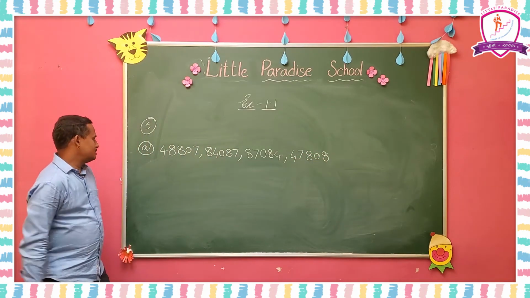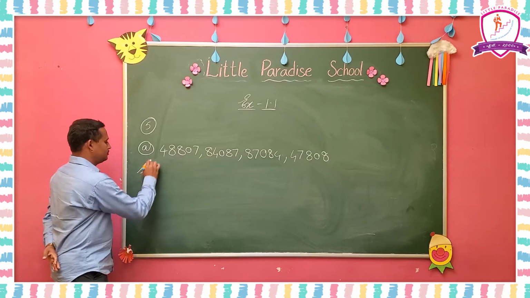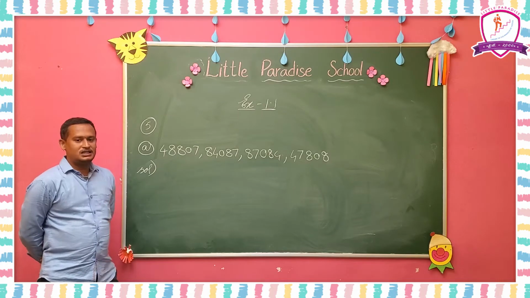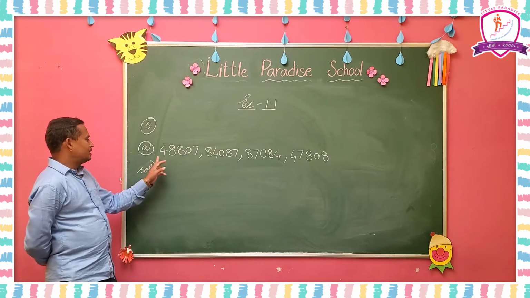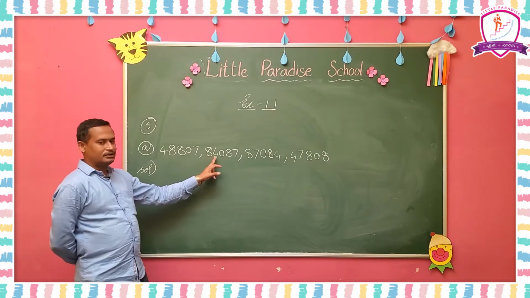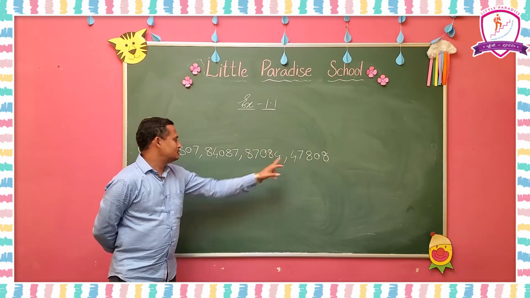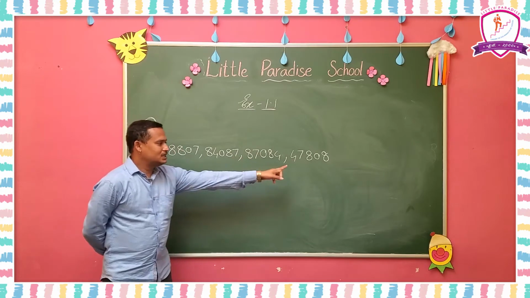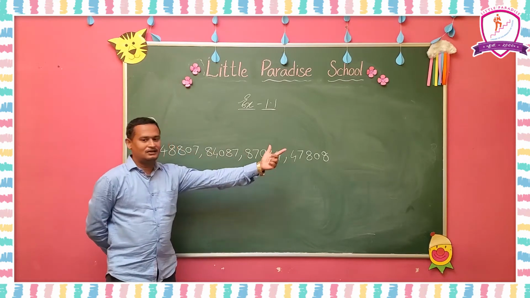These are the numbers given here. So we have to pick up the smallest one among these. So here 48,000, 84,000, 87,000, 47,000. Here 48,000 and 47,000 you have to compare. 47,000 is the smallest among the given numbers.